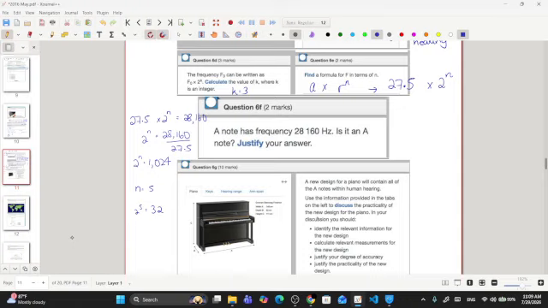If we substitute 2 raised to the power of 7, we get 128. 2 raised to the power of 9 gives 512. 2 raised to the power of 11 gives 2048.